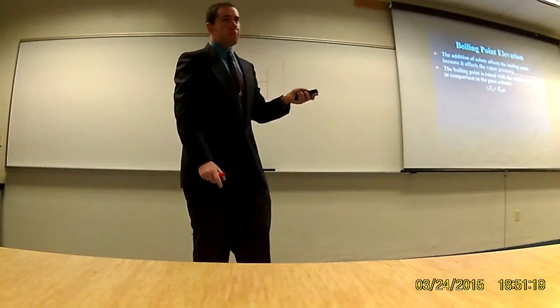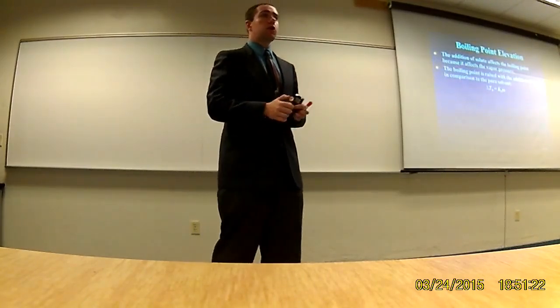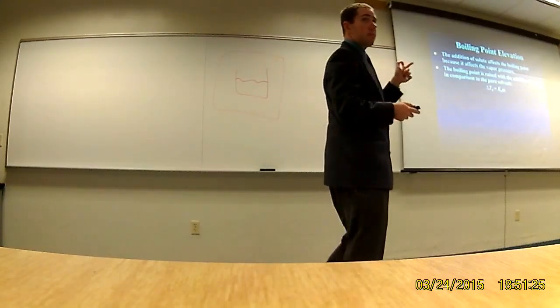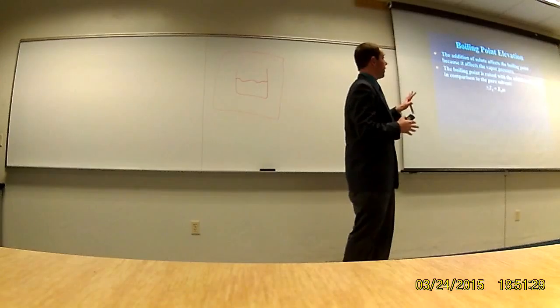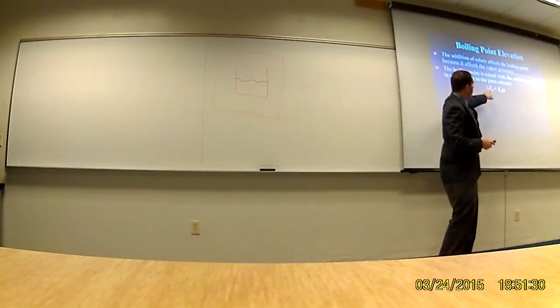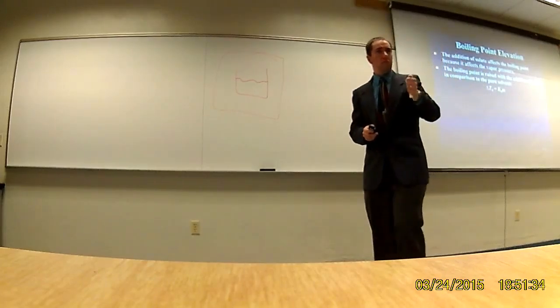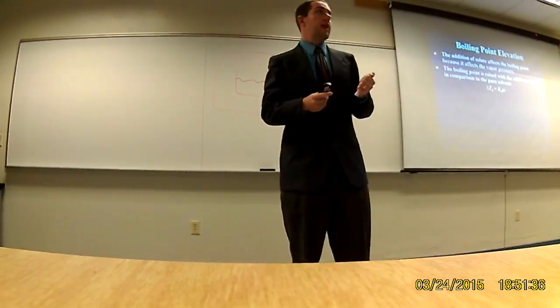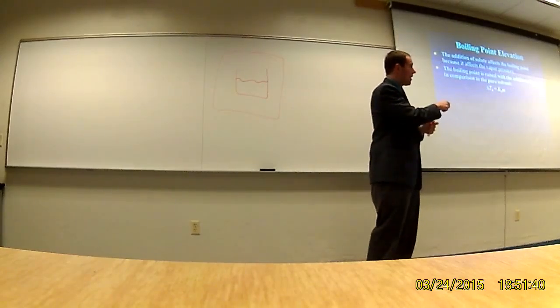Here's the equation. Don't worry too much about it. I just want to show you how simple these calculations actually are, and what it looks like. Delta T. What does delta mean? Change. What do you think T is? Temperature. Sub B means boiling point.